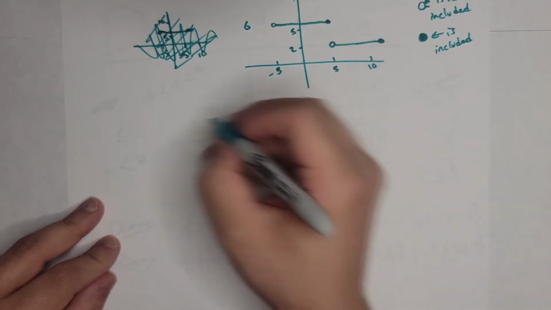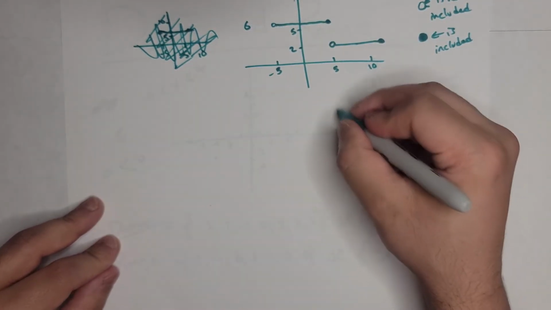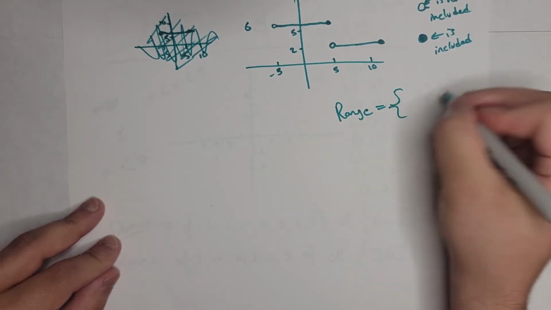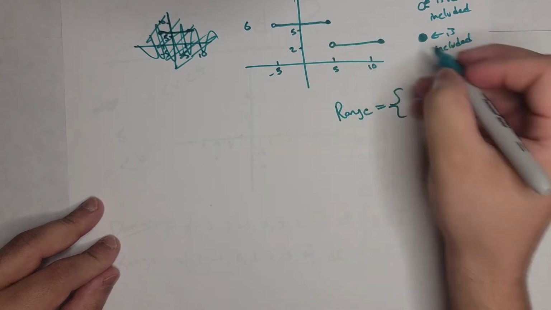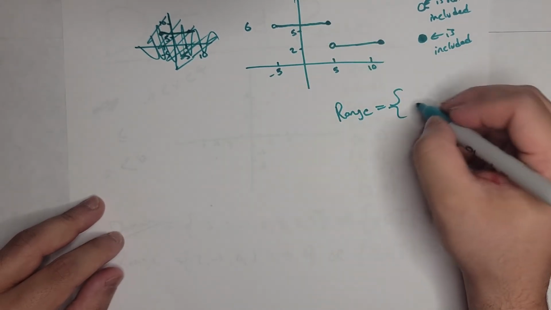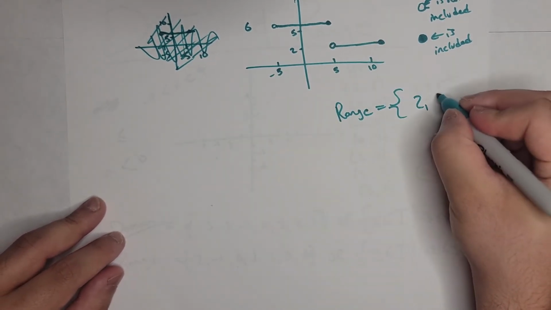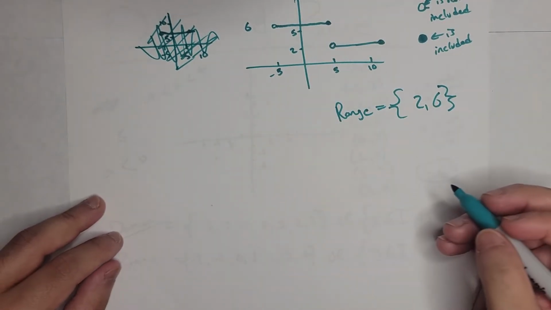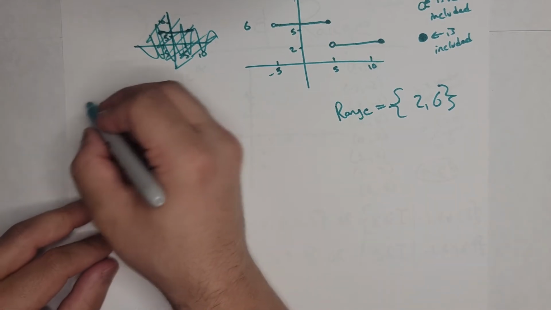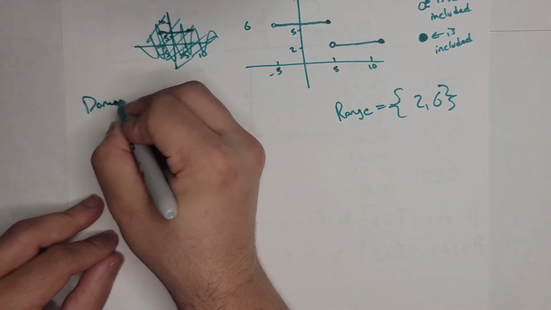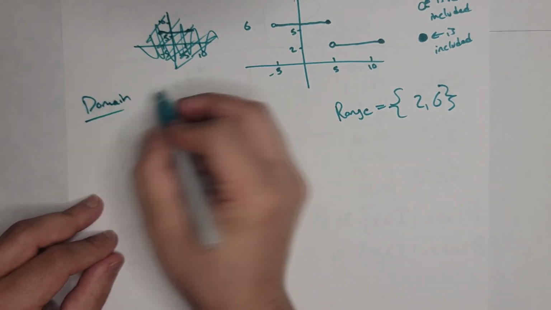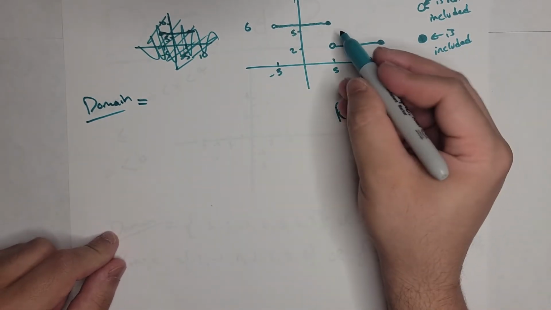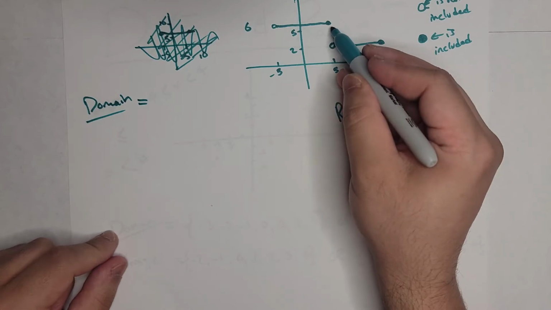So right away we know our range, our y values for this particular function, can only be 2 or 6. There's nowhere else that y value is going. But for our domain, we have from -5 to 5.